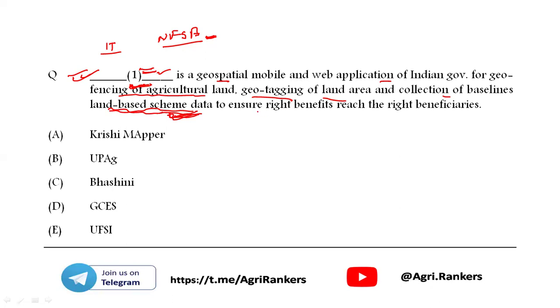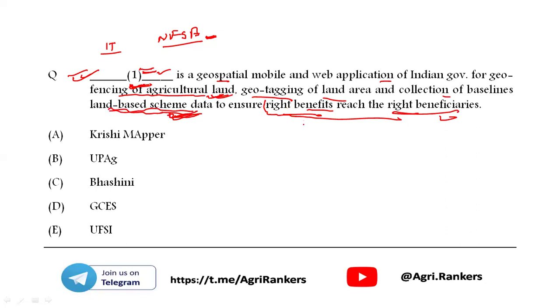And to ensure that the right benefits reach the right beneficiaries. So the main aim of this particular app is this: right benefits reach right beneficiaries. How is it ensuring this? By geotagging and geofencing of the agricultural lands.